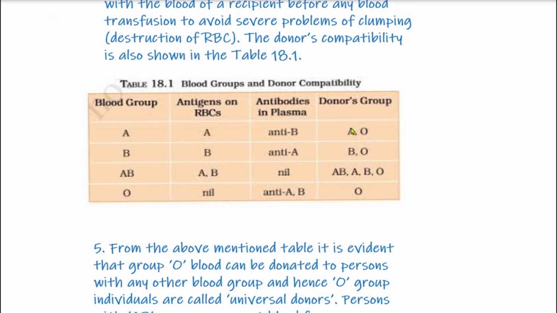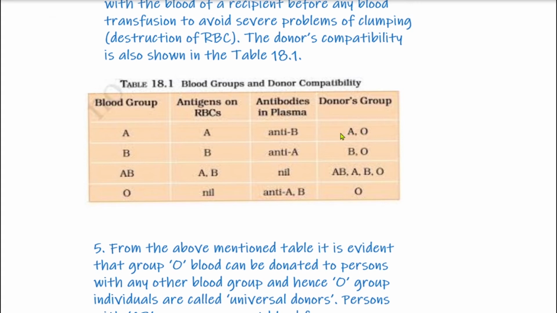A blood group persons because they have the A antigen similar to A, and O blood group persons, they don't have the antigen. When they don't have the antigen, the blood of A will not form antibodies against it to destroy the RBCs. So A blood group person can accept the blood of A and O group.